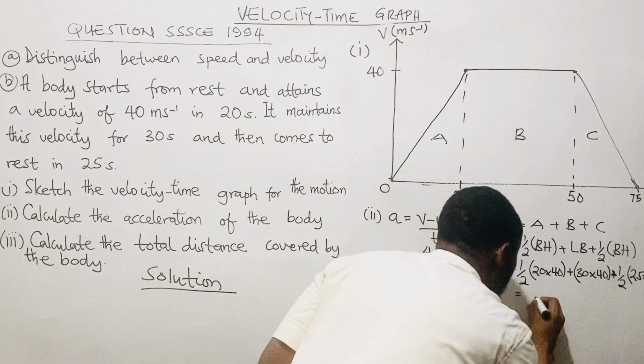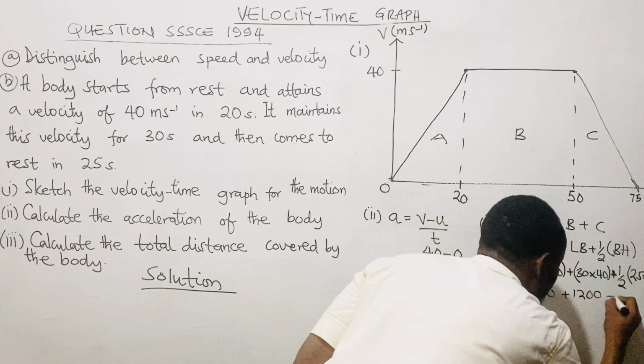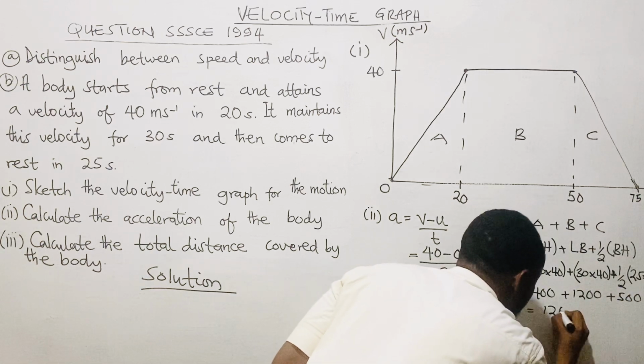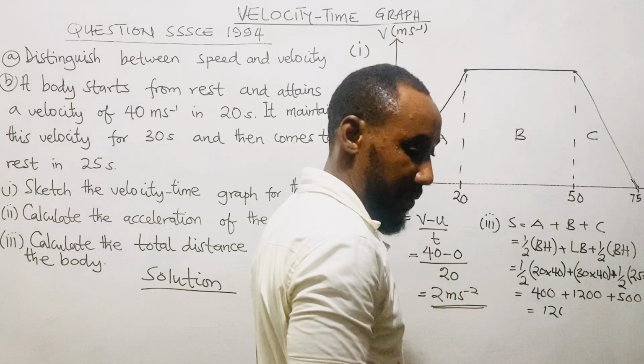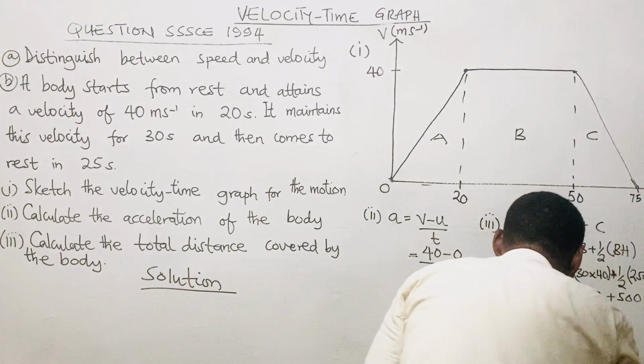So this gives me 400, this gives me 1200, and this gives me 500. So I have 2100, right? So I have 2100.